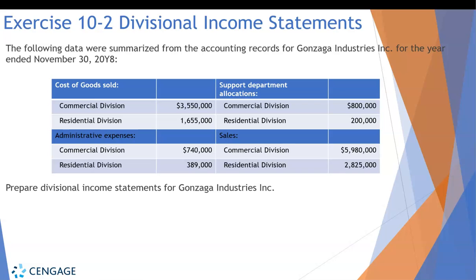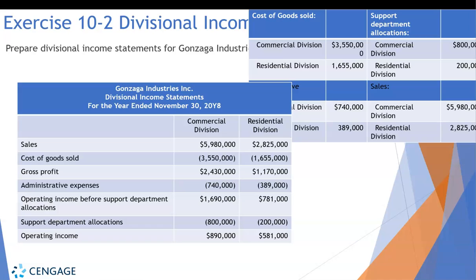Okay, so let's look at this exercise where we have our divisional income statement. The following data were summarized from the accounting records for Gonzaga Industries for the year ending November 30th, 2028. We're supposed to prepare divisional income statements.